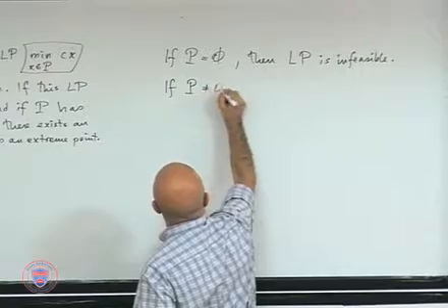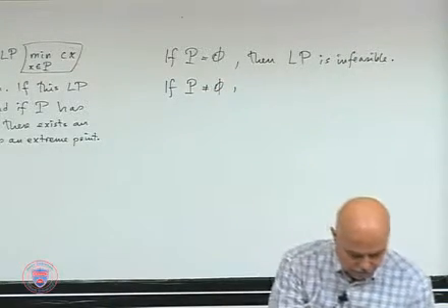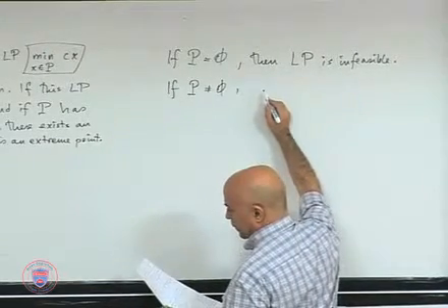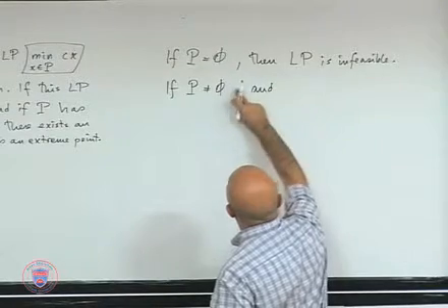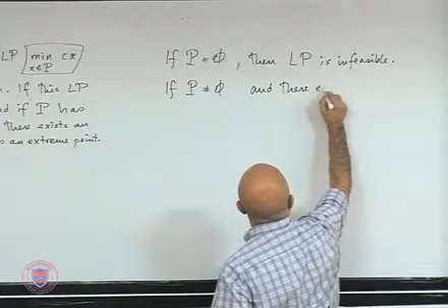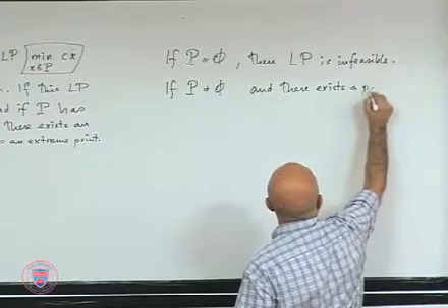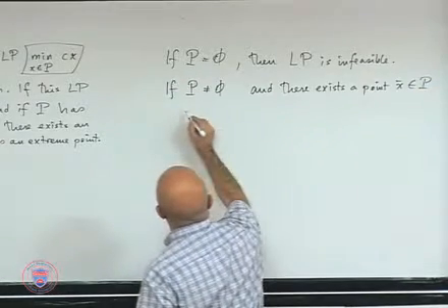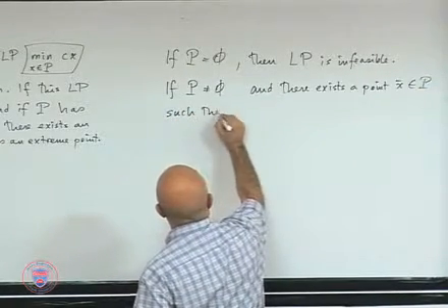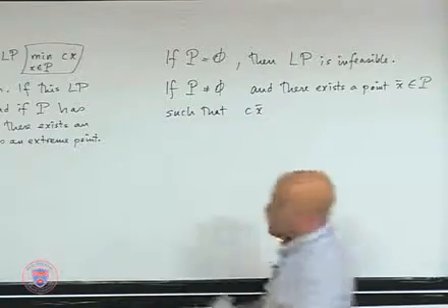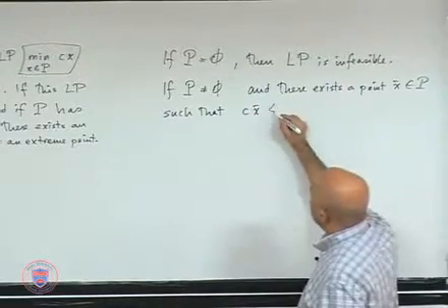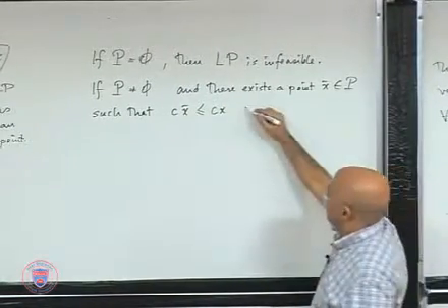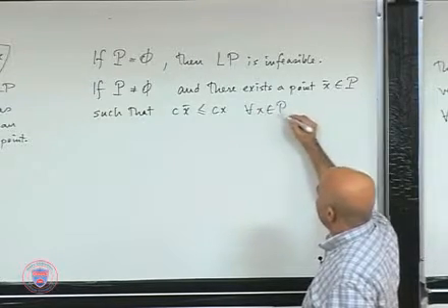If P is non-empty, and if there exists a point x bar in P such that the cost obtained by x bar is less than or equal to the cost obtained by any other x in the feasible set.